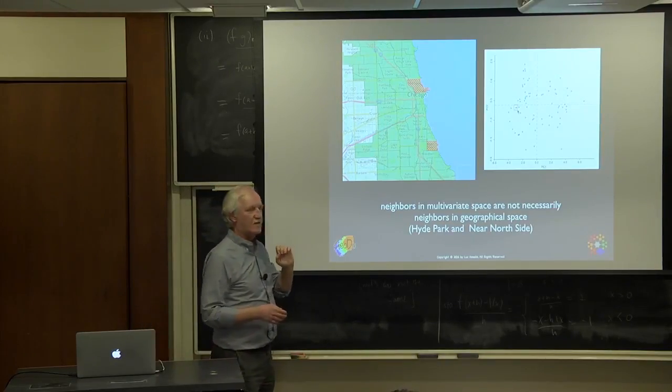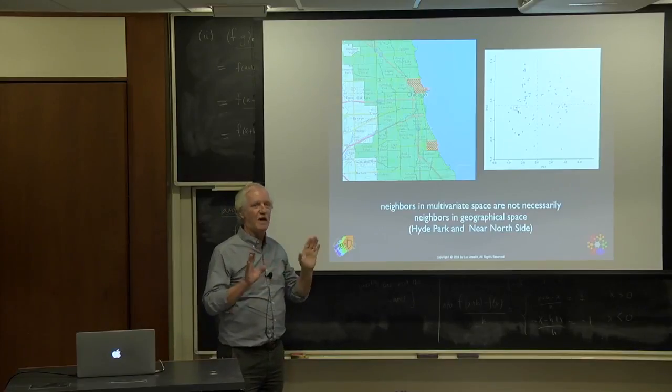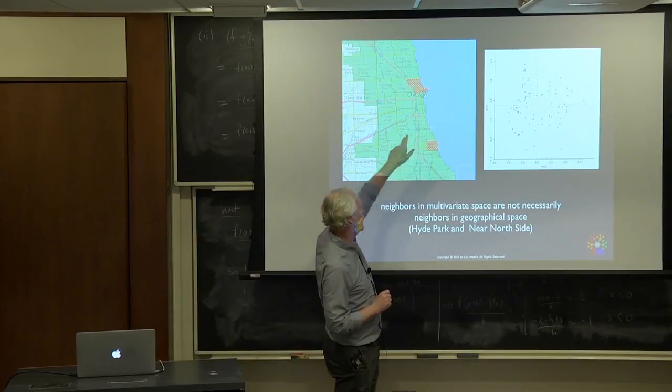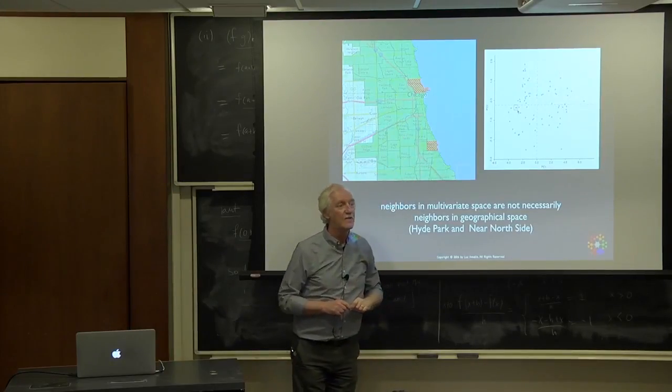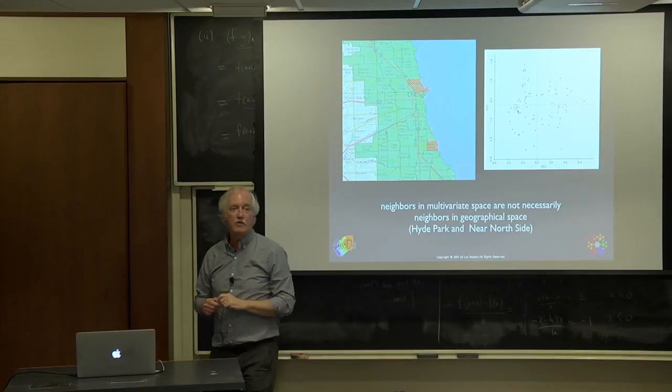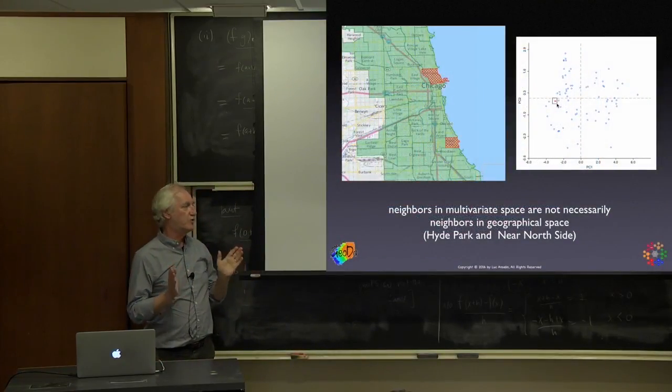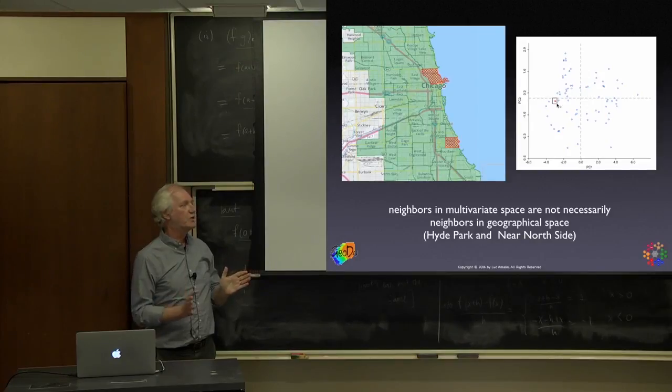And this is purely by chance. I was extremely lucky. I was just looking at this, and it turns out this is Hyde Park and the near north side. So Hyde Park and the near north side have basically the same profile when it comes to these first 2 principal components, which are summaries of 12 health indicators.